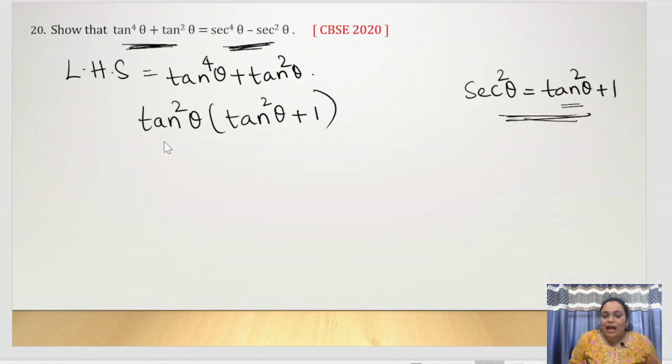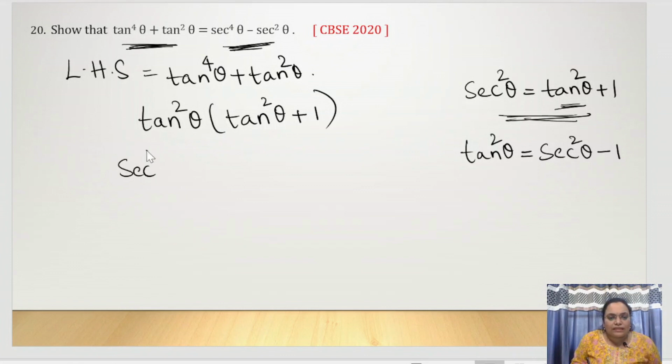See here, I also have tan square theta, right? So I can also write it as tan square theta is equal to secant square theta, with the plus 1 going to the LHS, which becomes minus 1. So tan square theta will be secant square theta minus 1.